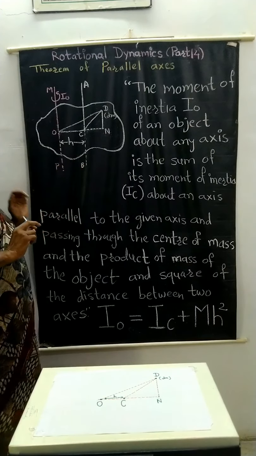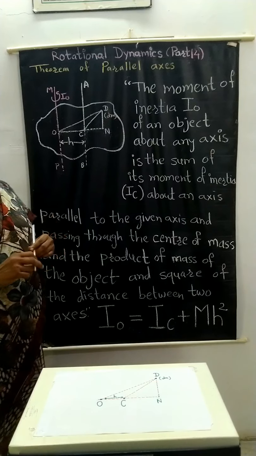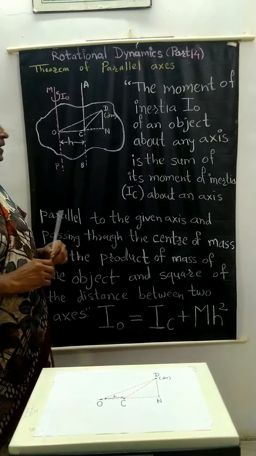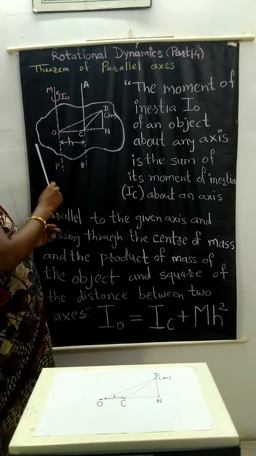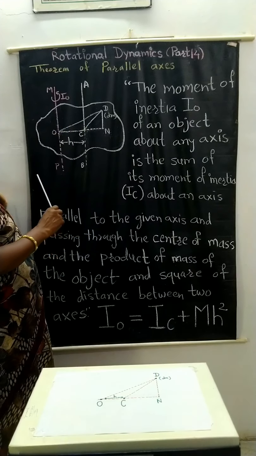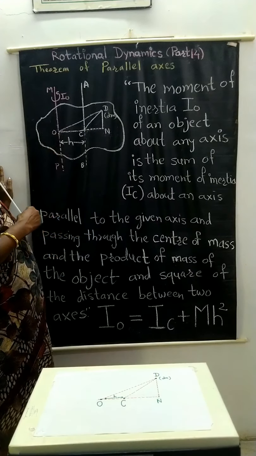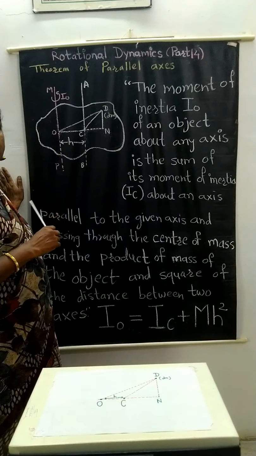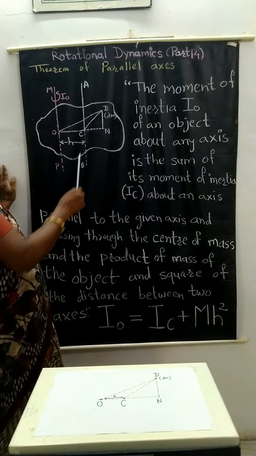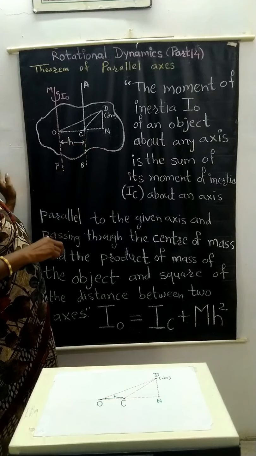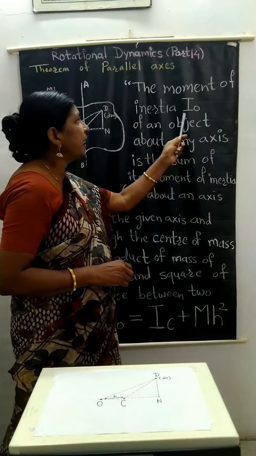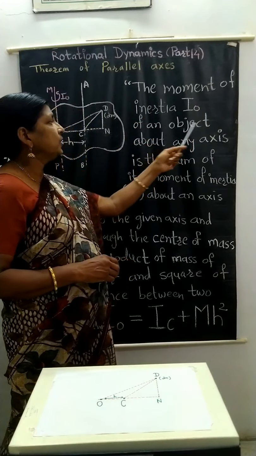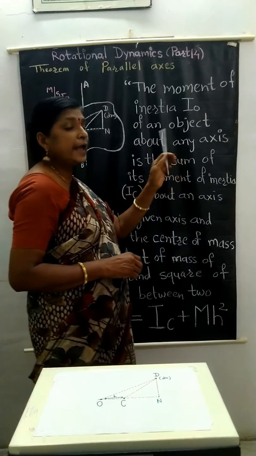According to this theorem, we can find the moment of inertia of a body which may be of symmetrical shape or irregular shape. Even then, we can find the moment of inertia IO of an object about any axis.